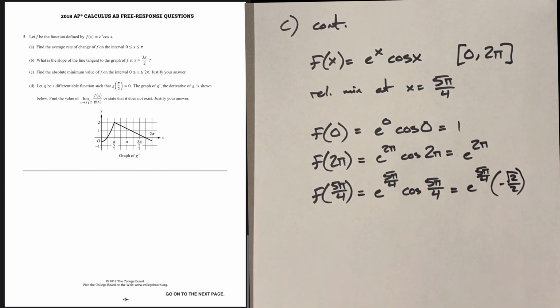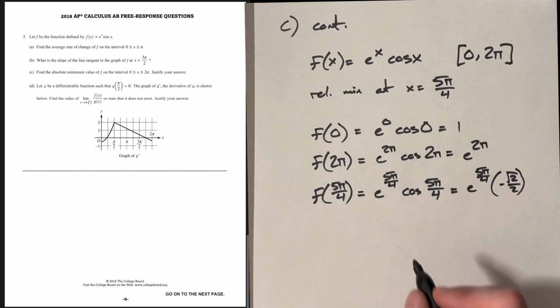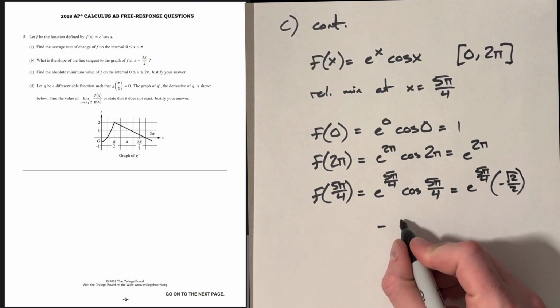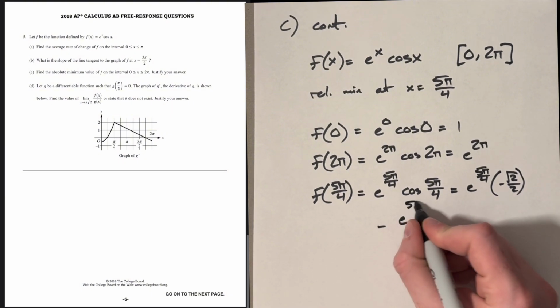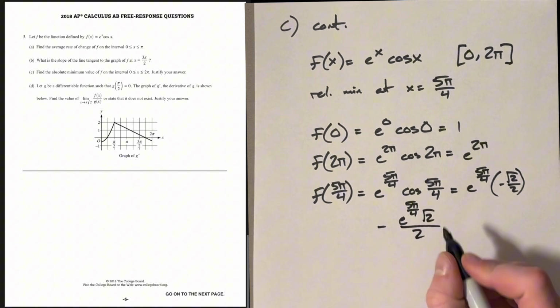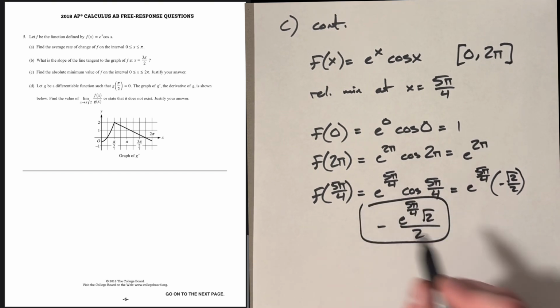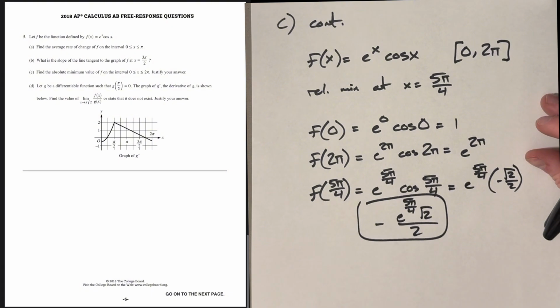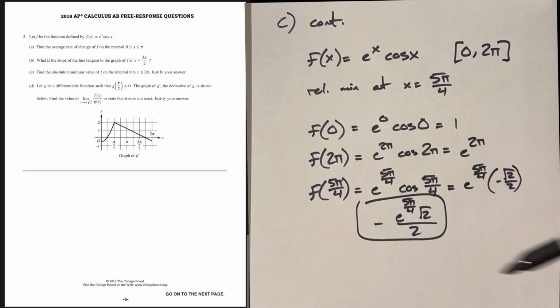Or, I could write this as one value. Maybe I write negative e to the 5 pi over 4 root 2 over 2. And that, clearly, as the only negative number between these three, is going to be the absolute minimum for f.